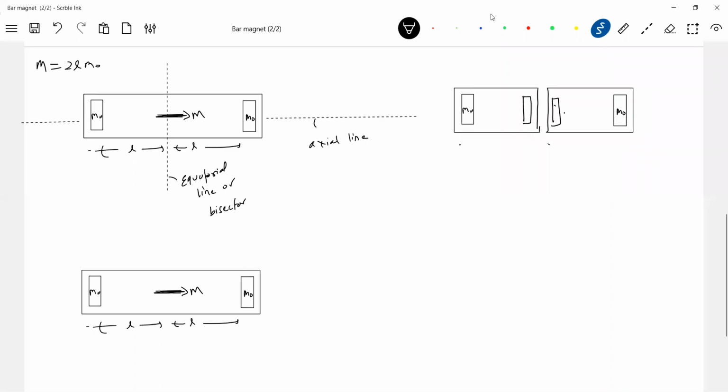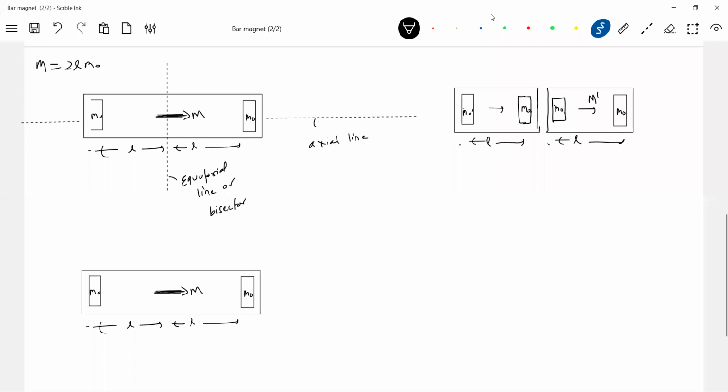What will happen to the pole strength? Pole strength will not change. Let me write here on the inside. And the magnetic length has changed. So what happens to the new dipole moment?